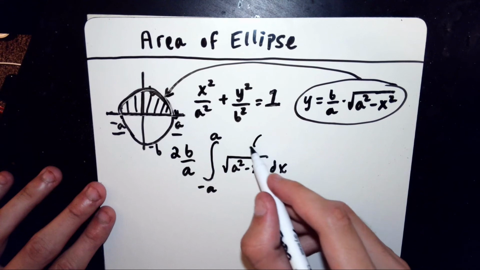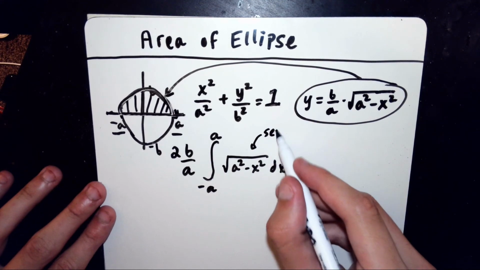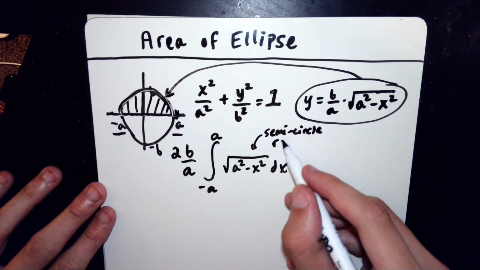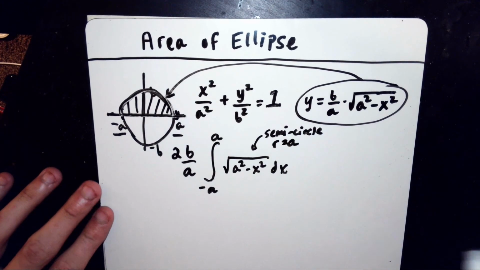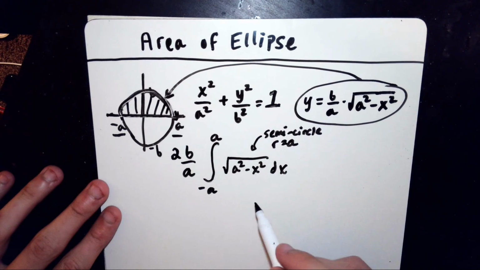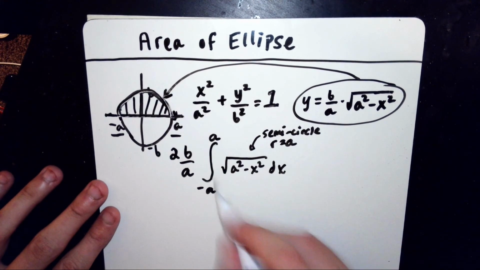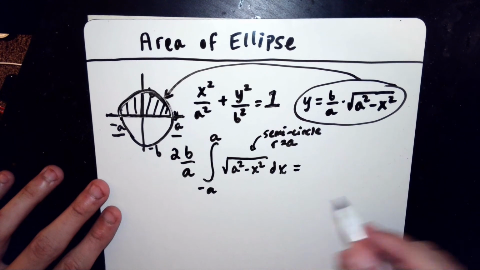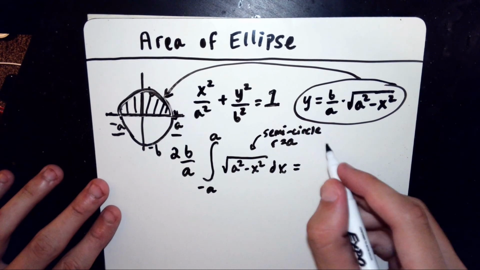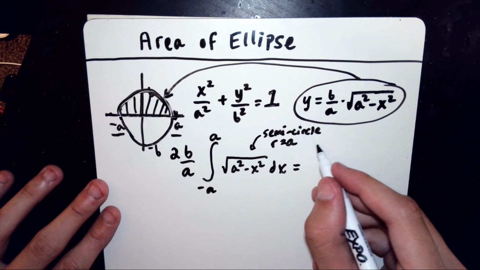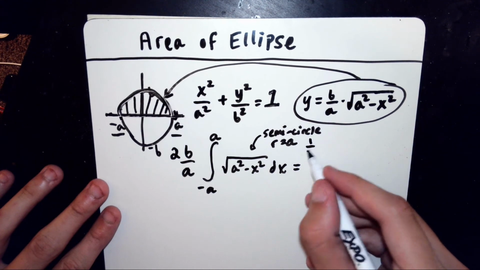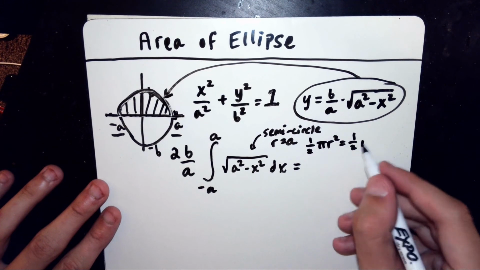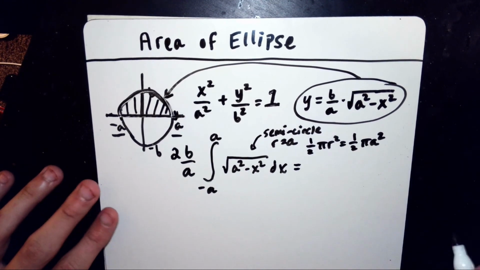This is just a semicircle with a radius of a. That's what this area represents. This is the area of a semicircle with a radius of a. So just recall that a semicircle is half of a circle, so it's 1/2 pi r squared, but really it's 1/2 pi a squared in our case because a is the radius.